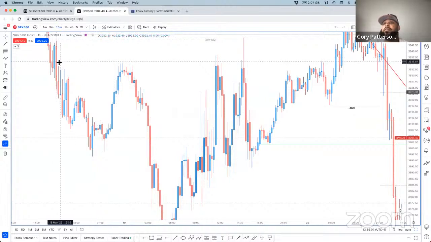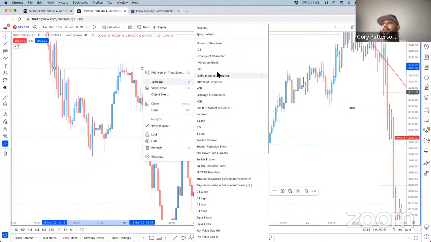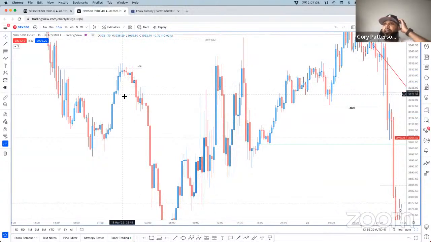So again, going back to the example, this is an order block right here on the 15-minute. And right here, where we have these equal highs, we have a small imbalance right here and a small imbalance right here.